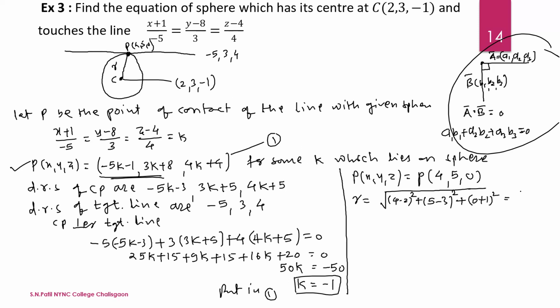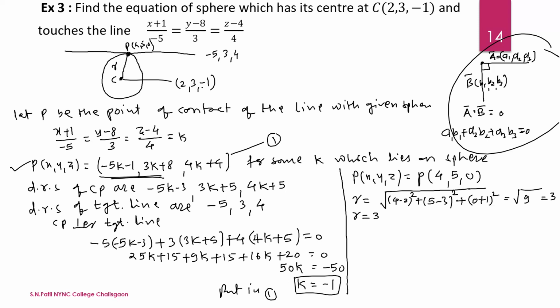Okay, so here we get 2 square is 4, 2 square is 4, 4 plus 4 is 8, and here 1, that is 9. So we get the square root of 9, which is 3. R is 3.